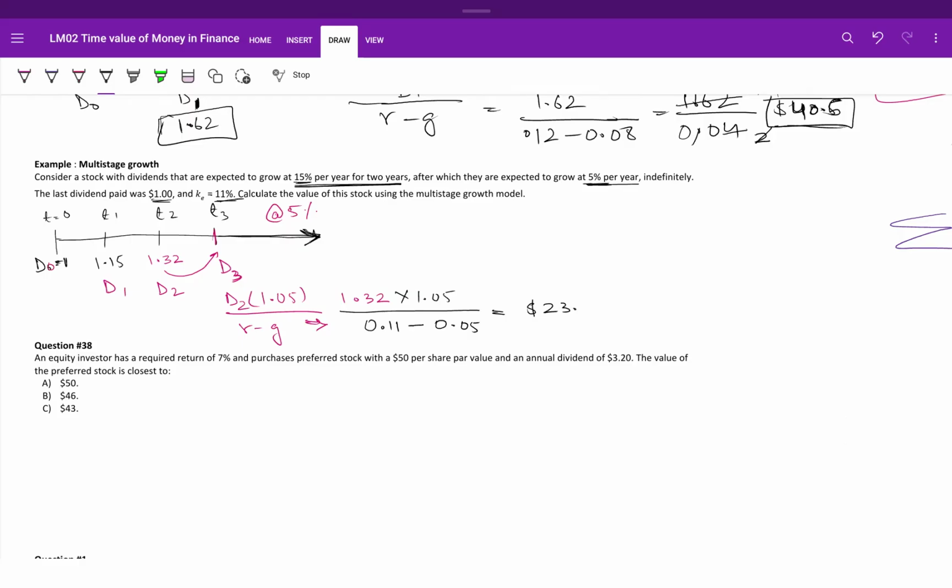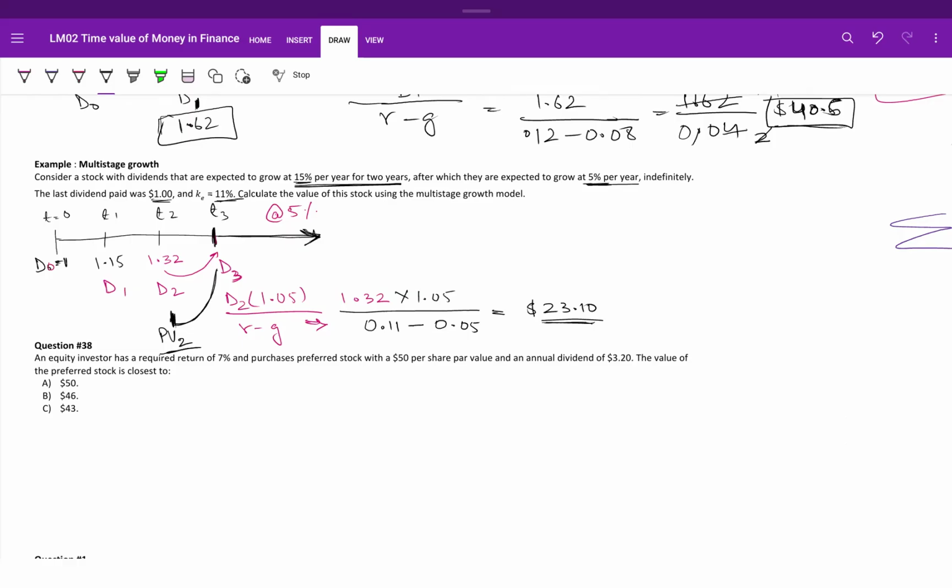So 23.10 is the value, the present value from here. We are actually calculating the present value at time 2, because we are calculating one period backwards. So here the present value at time 2 is going to be 23.10.